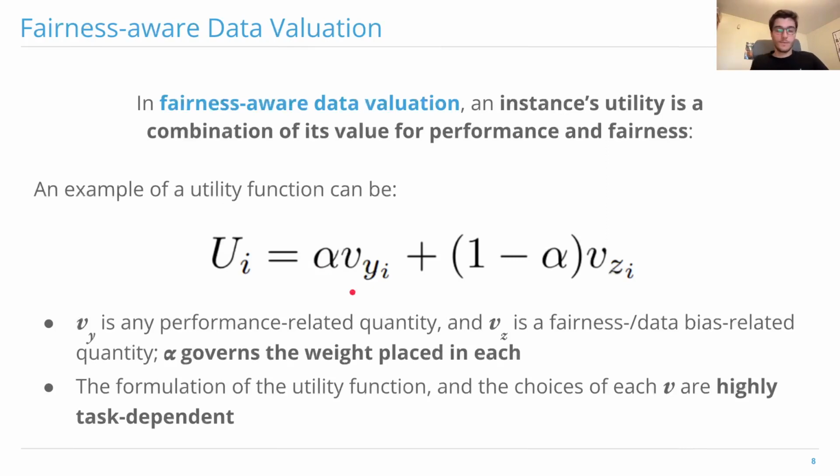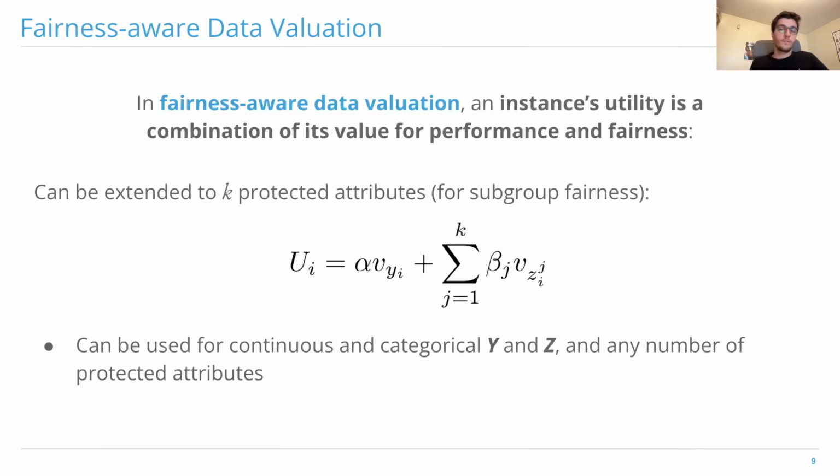One advantage of our framework is also that it can be extended to other notions of fairness, so not just with respect to one protected attribute like race or age or gender, but with respect to many protected attributes. We might want to ensure, for example, that our classifier has equal error rates in age groups, races, genders, etc. And to that end, if we want to consider that, we can just add those terms to the utility function.